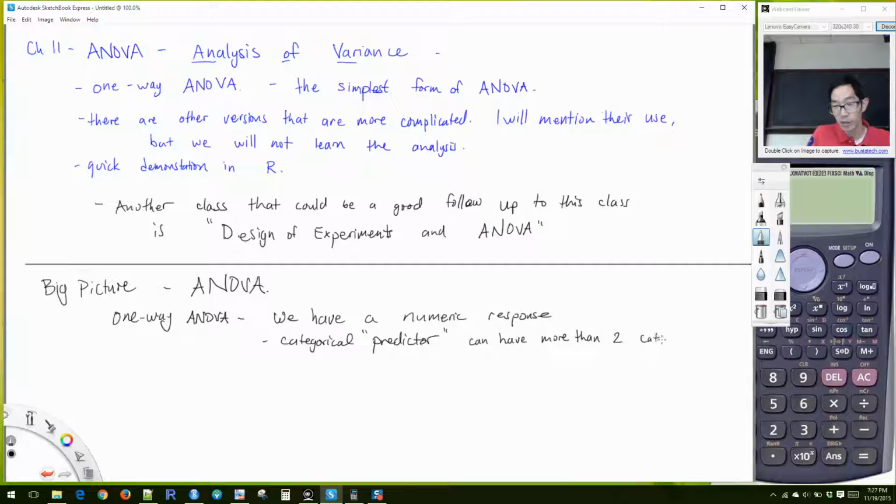It can have only 2 categories, but if you have 2 categories and a numeric response, what analysis method can we use instead? If you have a categorical variable with only 2 categories and you have a numeric response, what can we use to analyze our data?